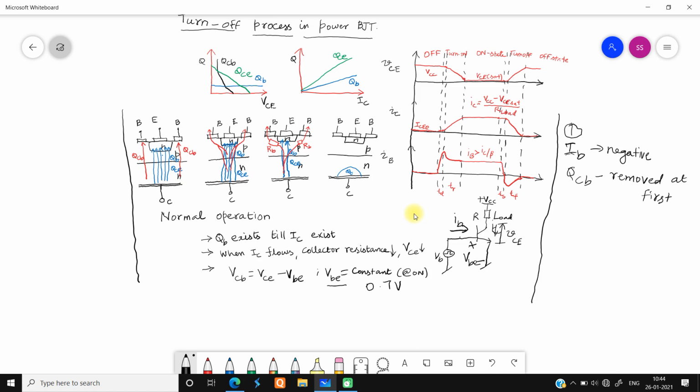Since QB has not fully decreased at this stage, and QCE has not fully decreased, the IC will not be 0.